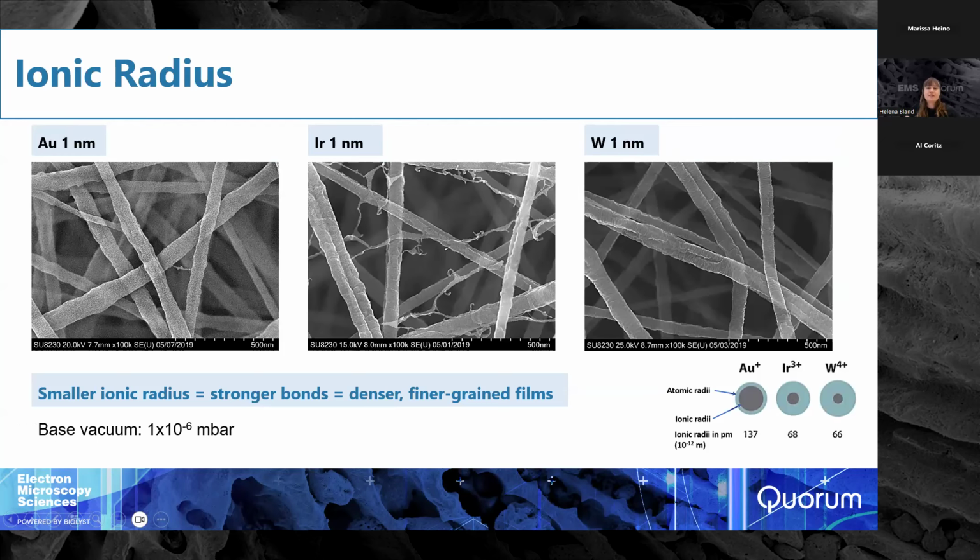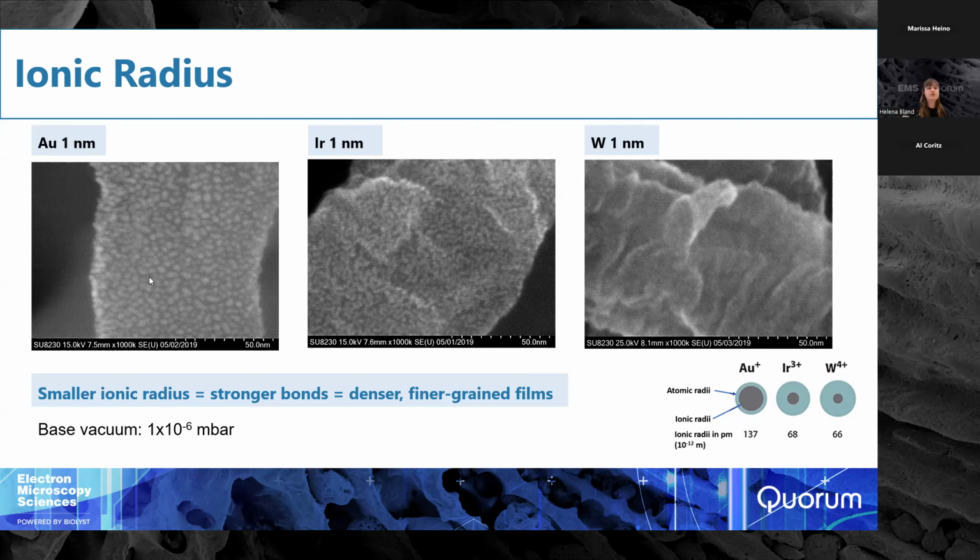The ionic radius of the metal can also impact how the films are formed on the sample. In general, a smaller ionic radius will have stronger bonds between the ionic radii, which will mean that we have denser, finer grained films. If I zoom in on these samples, you can see that with our gold, we have quite separated individual grains, whereas with our iridium, it's slightly more densely packed.